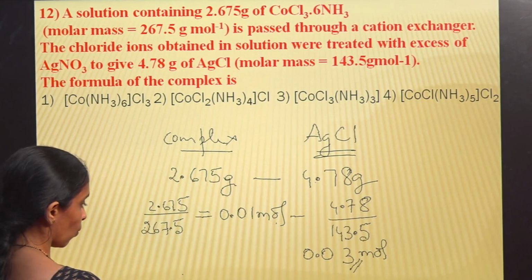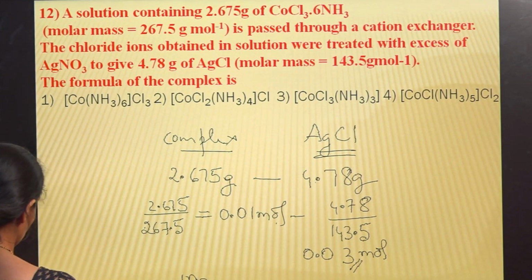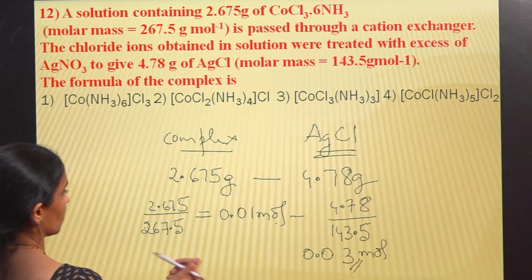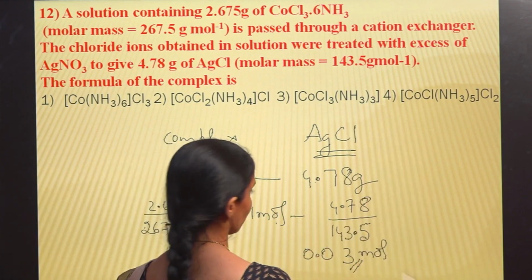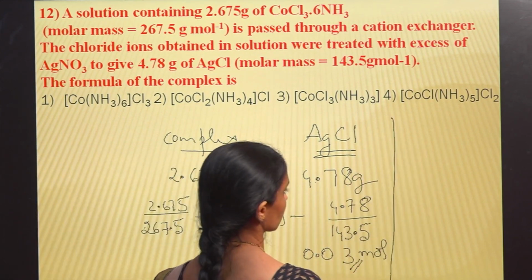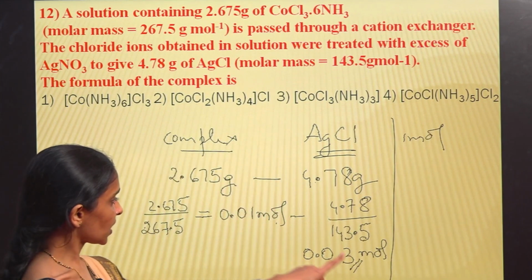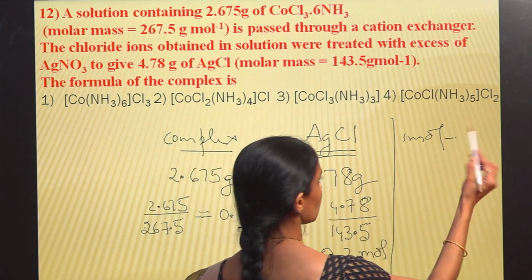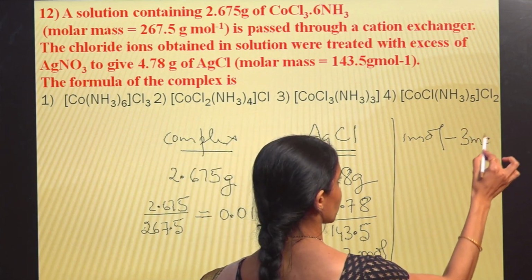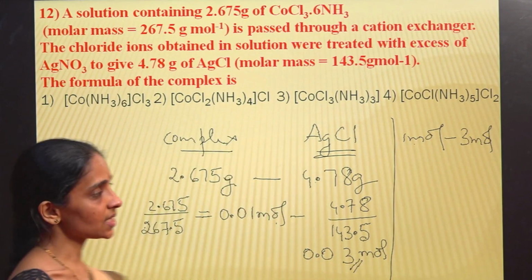Then 1 mole of the complex, how much will it give? 0.01 gives 0.03, so for 1 mole it will be 3 moles. 1 mole of the complex will give you 3 moles of AgCl.